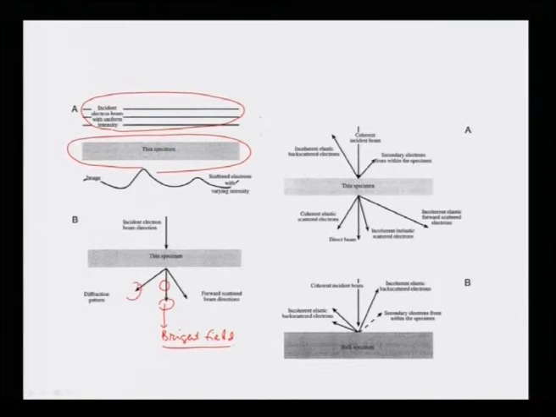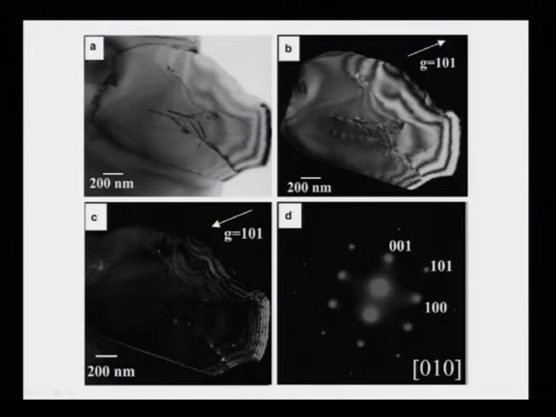To give an idea how this is done, let us see here. This is taken from a sample of TiB2, or titanium diboride, thinned to electron transparency. If I see the diffraction pattern obtained from this grain, which is shown here, the diffraction pattern will look like this, with a transmitted electron beam here.